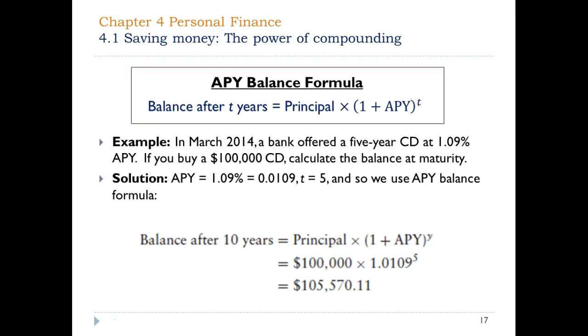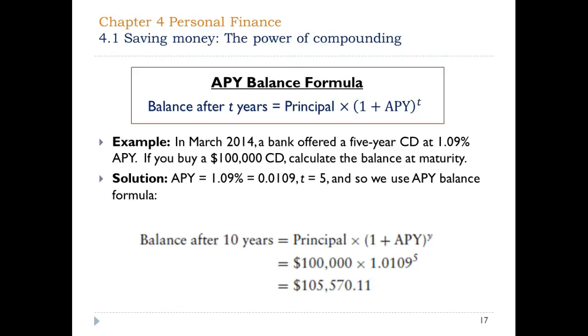APY balance formula. Balance after t years is equal to principal times 1 plus APY to the power of t. Example, in March 2014, a bank offered a 5-year CD at 1.09% APY. If you buy a $100,000 CD, calculate the balance at maturity. Solution, APY is 1.09%, which is 109 ten-thousandths.